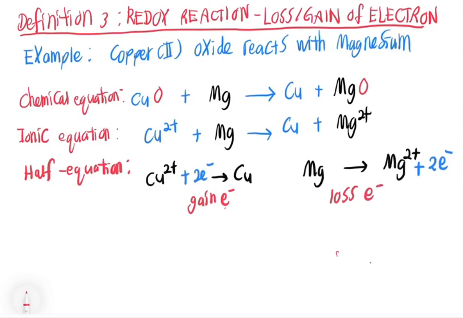So gaining electron, Cu2 plus is said to undergo reduction, and Mg by losing electron is said to undergo oxidation.